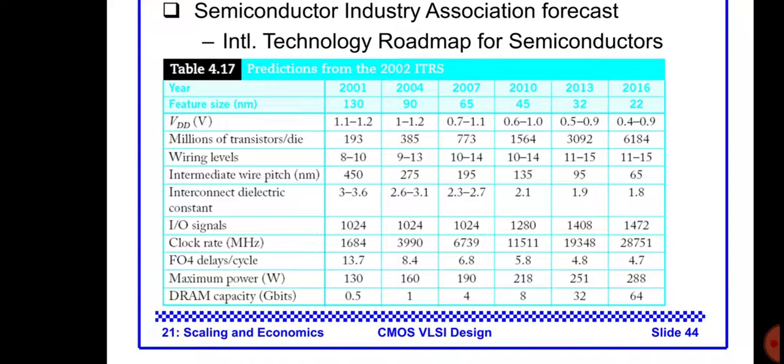FO4 delays per cycle: in 2001 13.7, in 2004 8.4, in 2007 190, in 2010 218, in 2013 251, 2016 288. The DRAM capacity in gigabits: in 2001 0.5, 2004 1, 2007 4, 2010 8, in 2013 32, 2016 64.